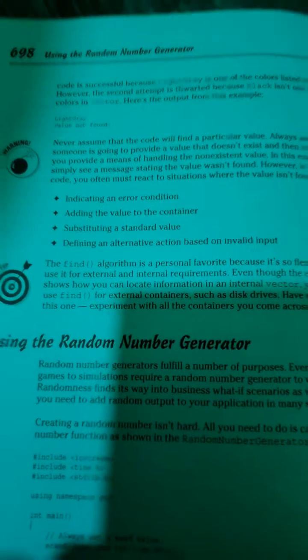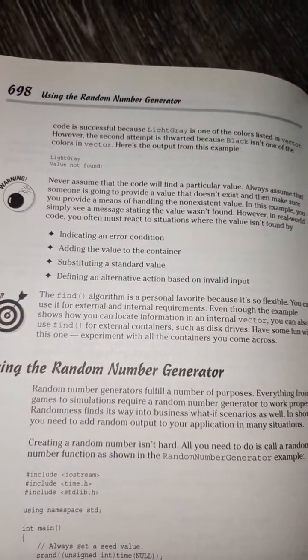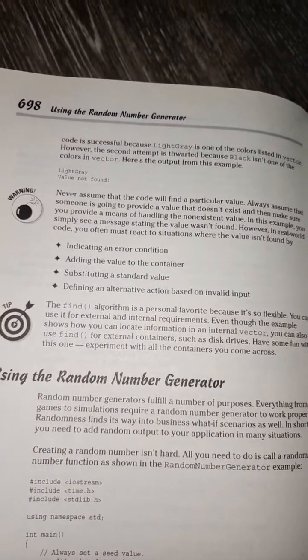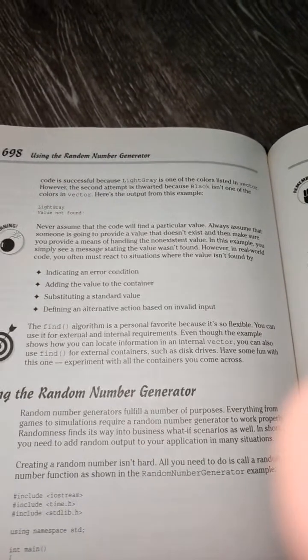Okay. Back to the book, finishing this part off. So, light gray and then value not found. Okay. That's what the output looks like. So, warning: never assume that the code will find a particular value.